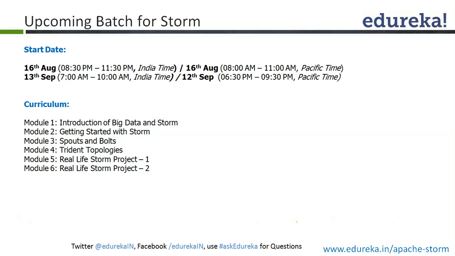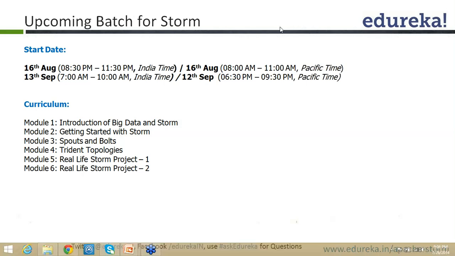Using Trident, your programming becomes a bit more concise. That kind of hands-on will follow from module 3 and 4, and then module 5 and 6 typically would be the projects based on module 3 and module 4. Those are some of the things which we typically cover in the class.